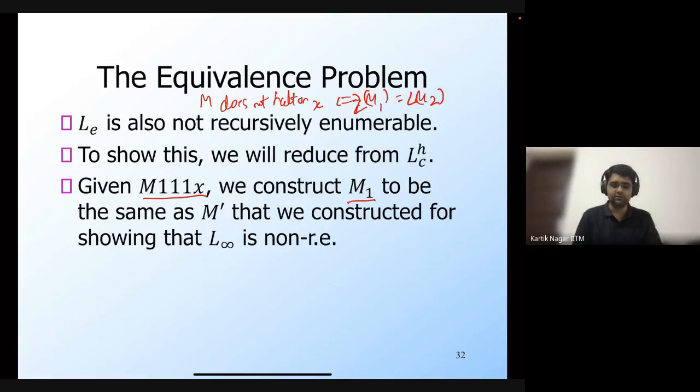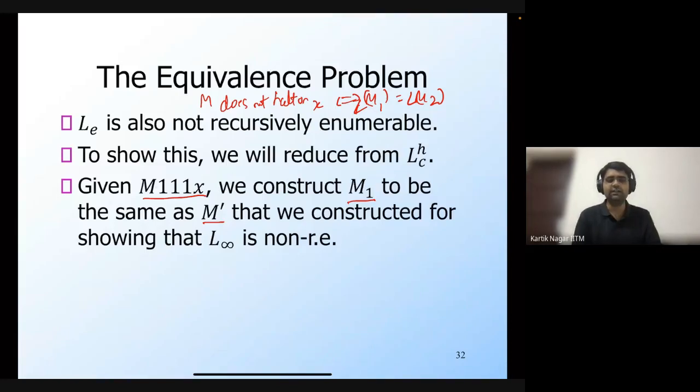If you remember, the M prime we constructed had this property: if M does not halt on X, then the language of M prime was sigma star, which is the set of all strings, so it was basically infinite. And if M does halt on X, then its language was finite, which means it was definitely not sigma star.